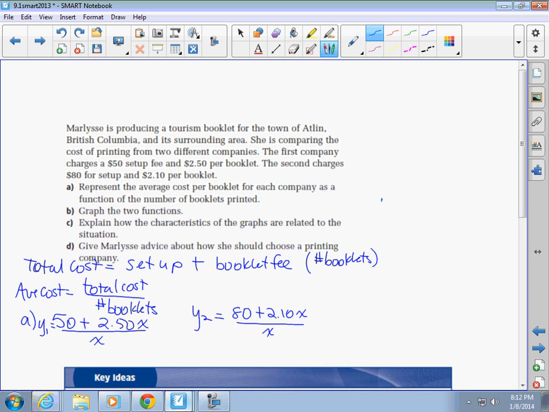So if you go to graph these, probably the easiest way is to put them into your calculators. Do your Y1 equals (50 plus 2.5x) over x, Y2 equals (80 plus 2.10x) over x, and you'll get your two graphs.